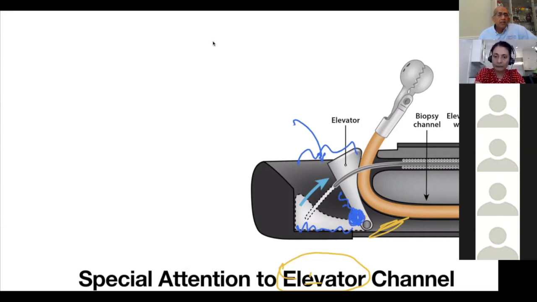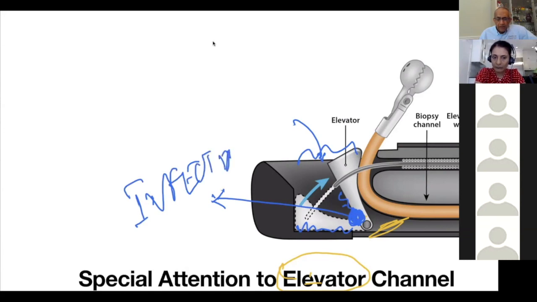And if you cannot clean that elevator, that becomes a source for infection. So something to keep in mind, because this elevator channel has been responsible for the CRE and multiple ERCP related infections. So in the last 5 years, I should actually congratulate FDA and all the companies that worked to fix this issue. We're going to talk about that.